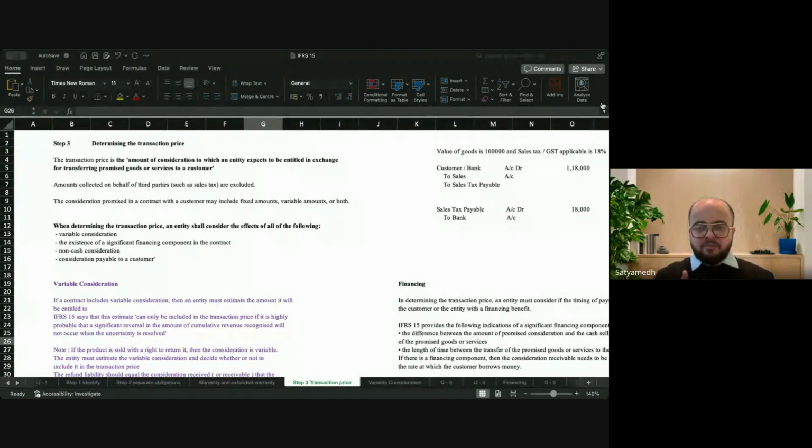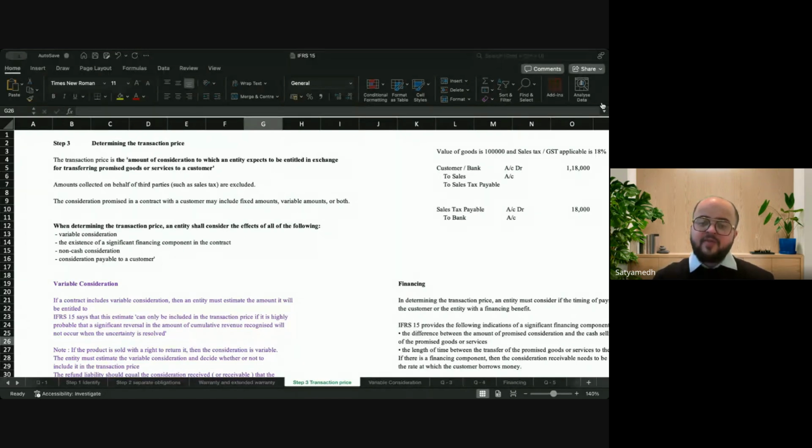Today, if I'm a seller whose turnover exceeds, for example, the GST registration limit of 1.5 crores, I have to collect sales tax or GST on that transaction. Say the rate of GST or sales tax applicable is 18%.